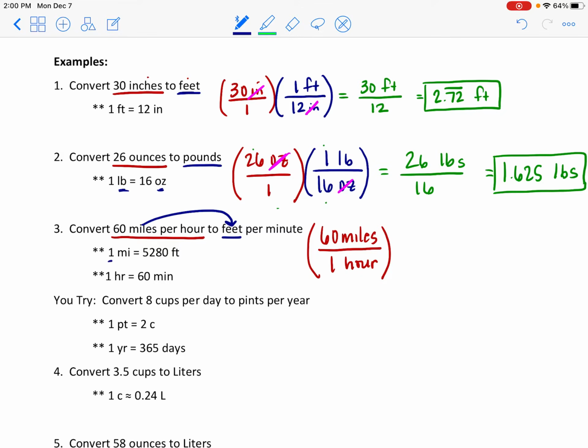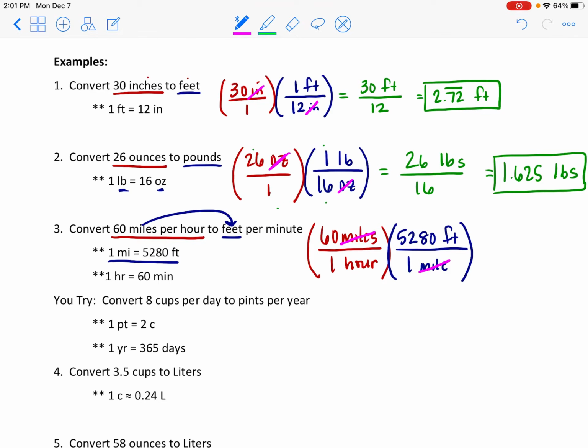And my unit fraction for miles and feet says that 1 mile is equal to 5,280 feet. So I'm going to multiply by 1 mile over 5,280 feet. And I put the mile on the bottom because I want to get rid of miles.